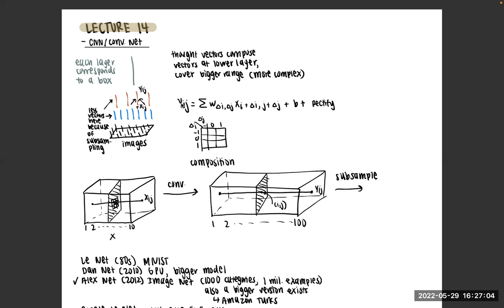And then we can write yij, which is a vector, equals a matrix that depends on the shift delta i, delta j, times the vector at the shifted location, which is i plus delta i and j plus delta j. And then we can also add a bias and then rectify. So here I use this wave hand notation.